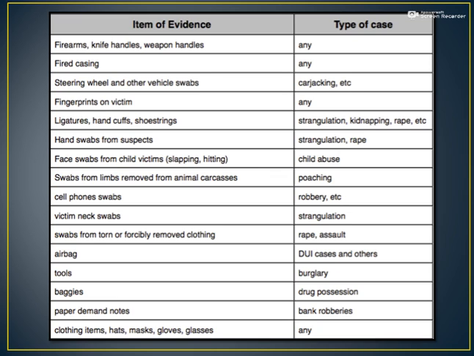Anything, like firearms, knife handles, weapon handles, fired casings, a steering wheel or other vehicle swabs, fingerprints of the victim, ligatures, handcuffs, shoestrings, hand swabs from a suspect, cell phone swabs, victim neck swabs, swabs from torn or forcibly removed clothing, airbags, tools, baggies, paper demand notes, clothing items, hats, masks, gloves, glasses, etc. Any of the evidence available at the crime scene can be used as a source of touch DNA.